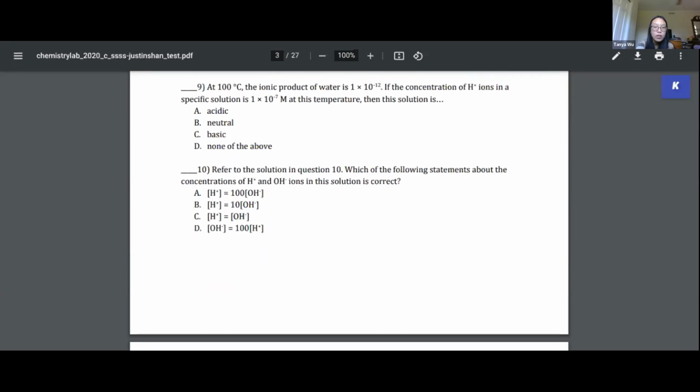So if the concentration of hydrogen ions in a specific solution is 1 times 10 to the negative 7 molar at this temperature, then the solution is which of the following? So you can calculate the pH from the concentration of hydrogen ions, and from that you can tell if it's acid, neutral, or basic.